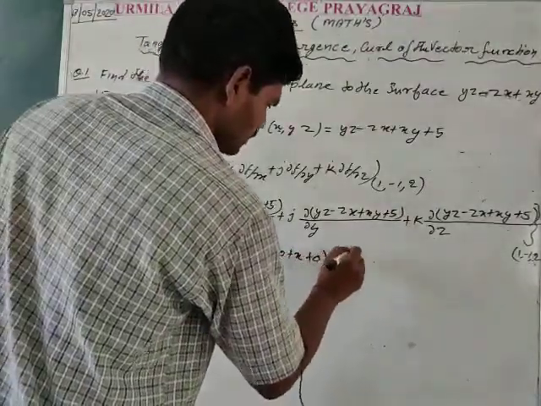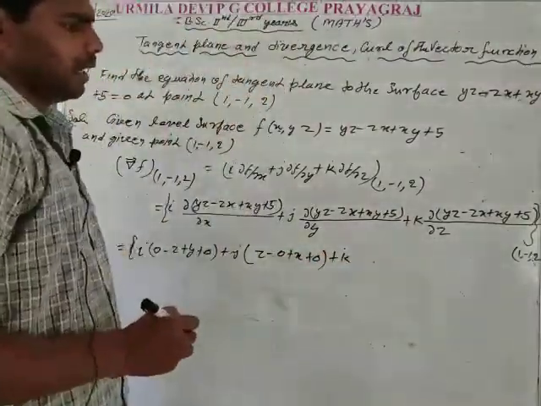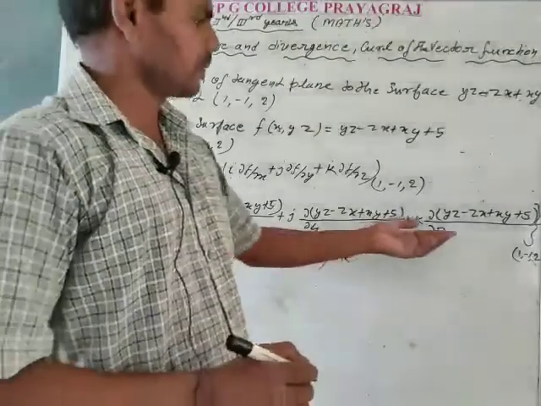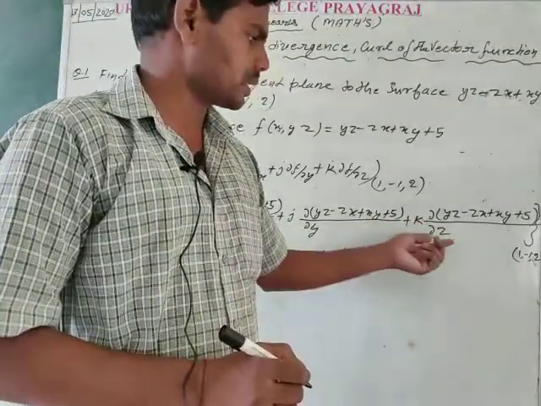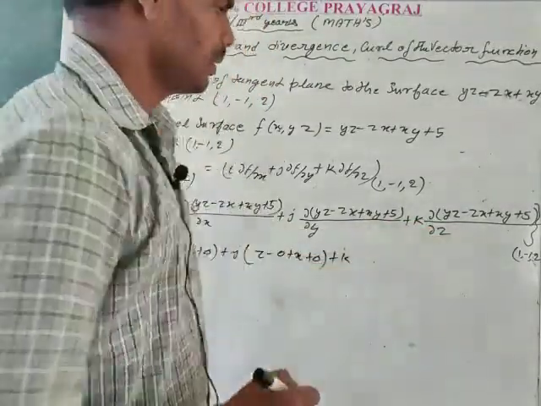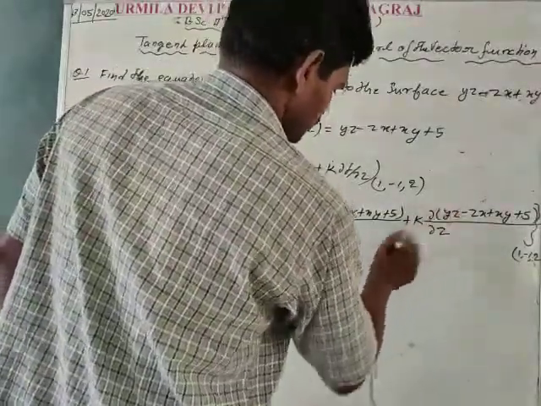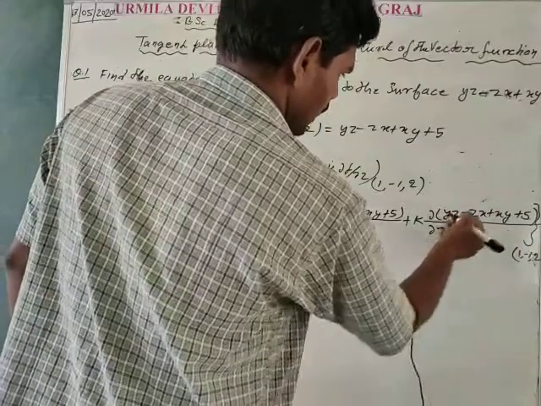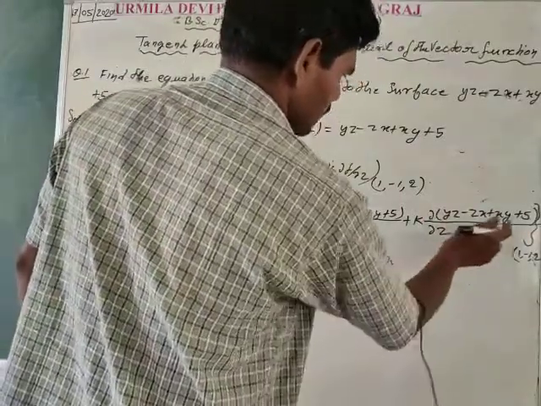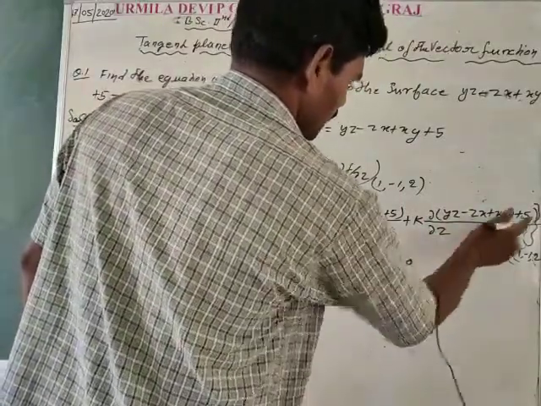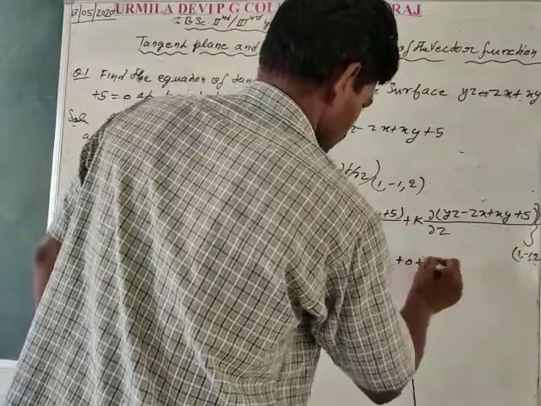Plus k times, in the same manner and by the same rule, you can partially differentiate these terms. So it is equal to y remains, and minus x remains, and 5 is also 0.